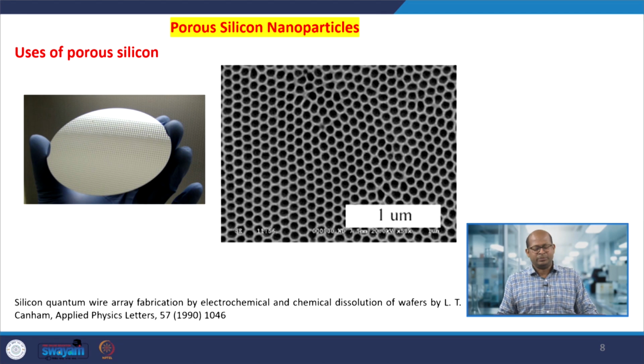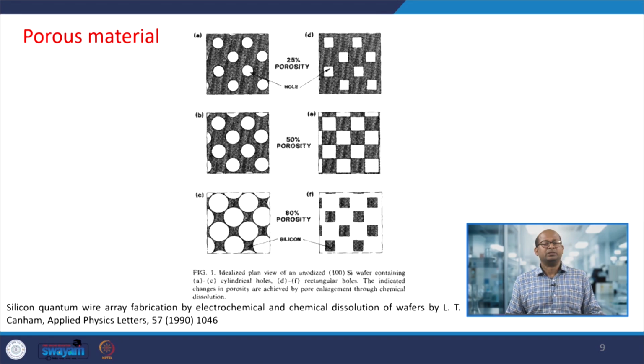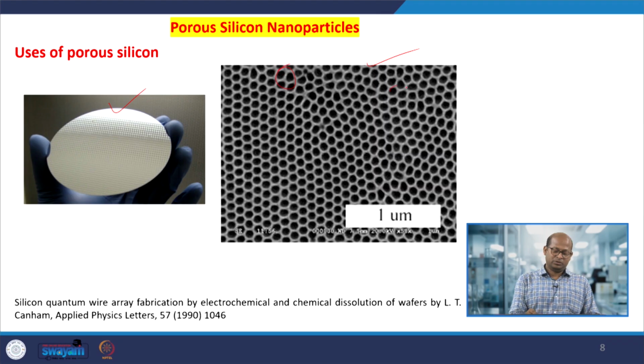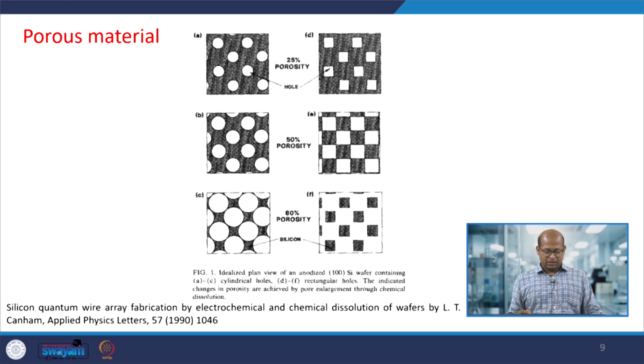So, here one image is showing porous silicon. Once this material is synthesized, the image is taken. Here you can see the pore structures, with different types of pores present. We can control or develop those pores depending on the method of synthesis.